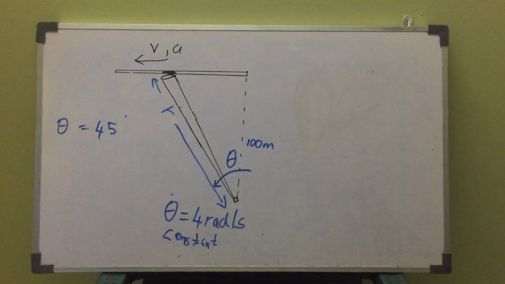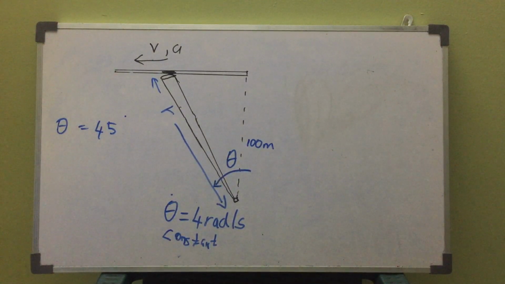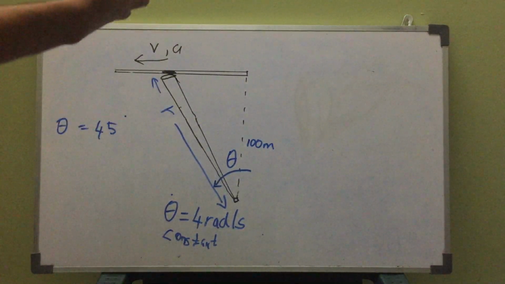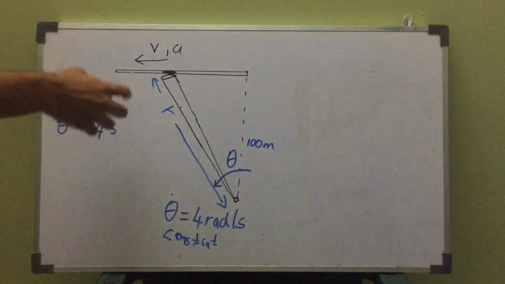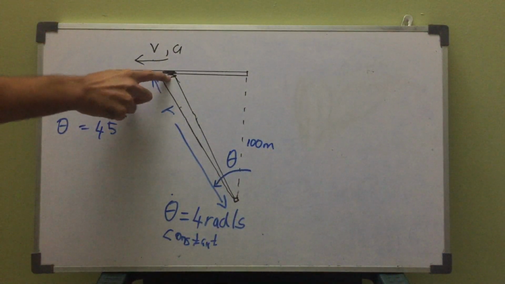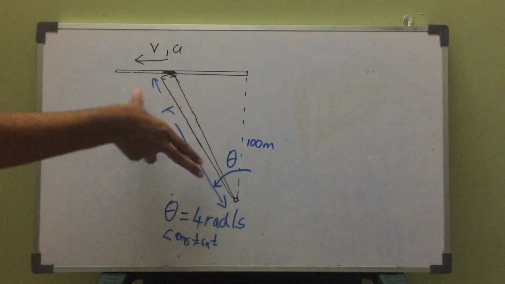We have already learned that at the start of the video. So I'm going to use them to find this V and A, the velocity and acceleration at this point when it's moving like this.